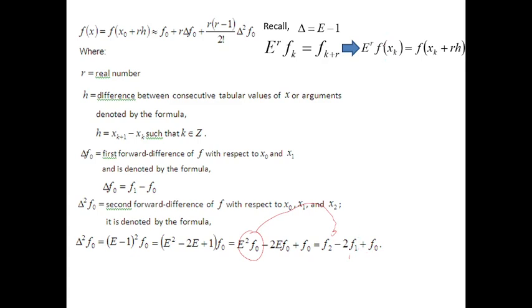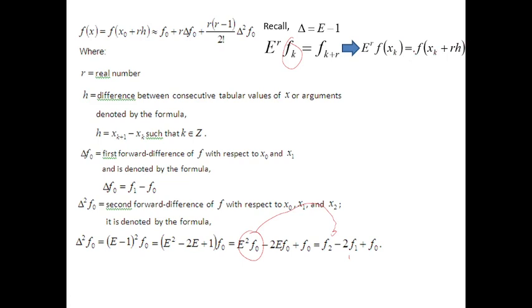Take note of this that f sub k, meaning that is f of x sub k. And in other words, the argument is shifted by rh. So x sub k plus rh.